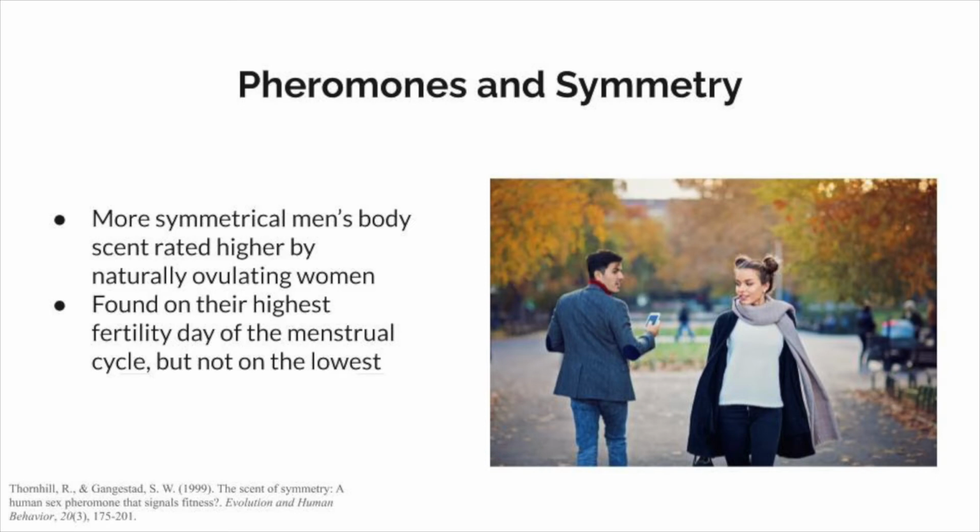And it was found that naturally ovulating women on their highest fertility day within their menstrual cycle showed higher preferences for the scent of more symmetrical men. So, this means that they may have been looking for those with the highest indicators of genetic fitness, and women may perhaps have mechanisms related to pheromones in order to do this.